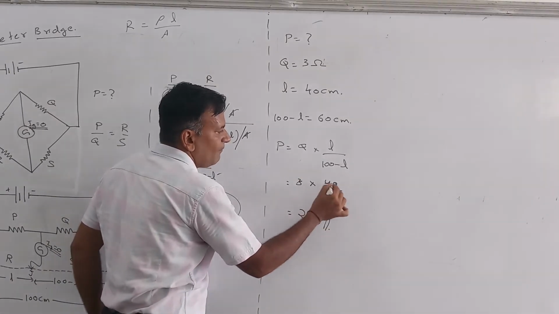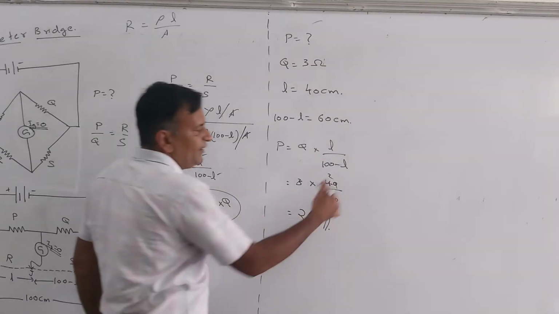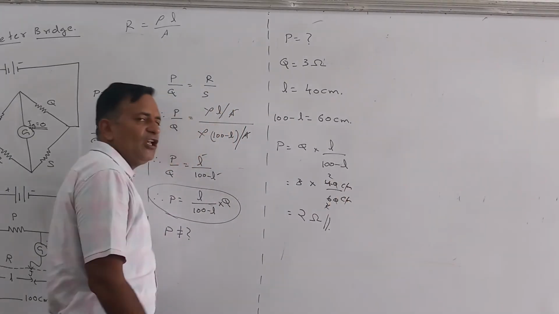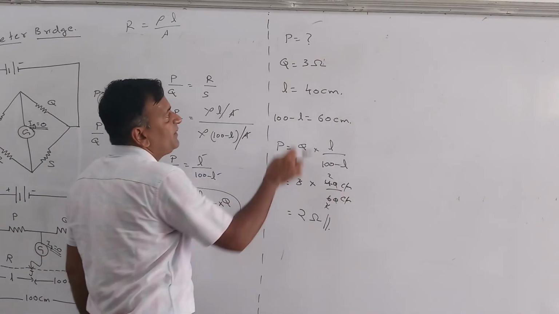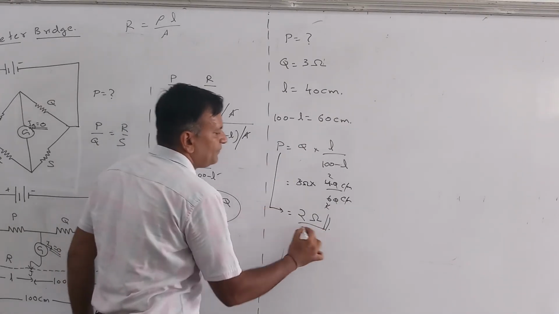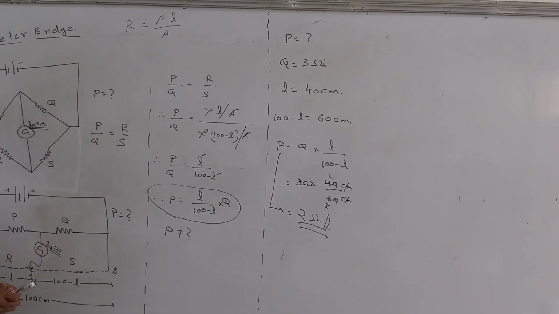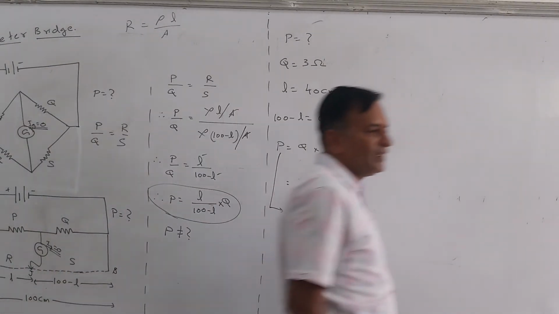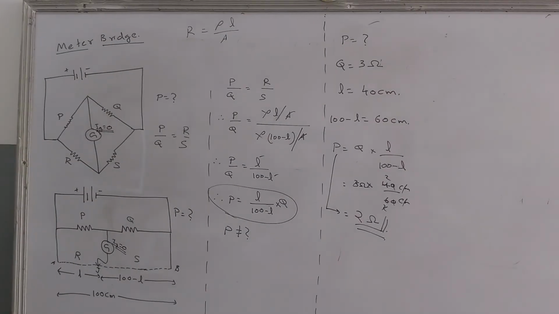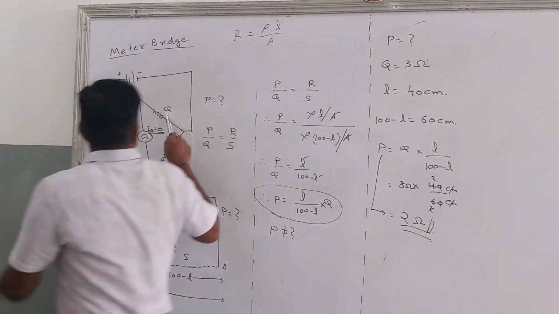3 twos are 2 twos. This also gets cancelled. Their units, centimeter upon centimeter, also get cancelled. What was the unit of 3? It was ohms. And now what is the value of P? It's 2 ohms. So you need not change the resistor Q over and over again.